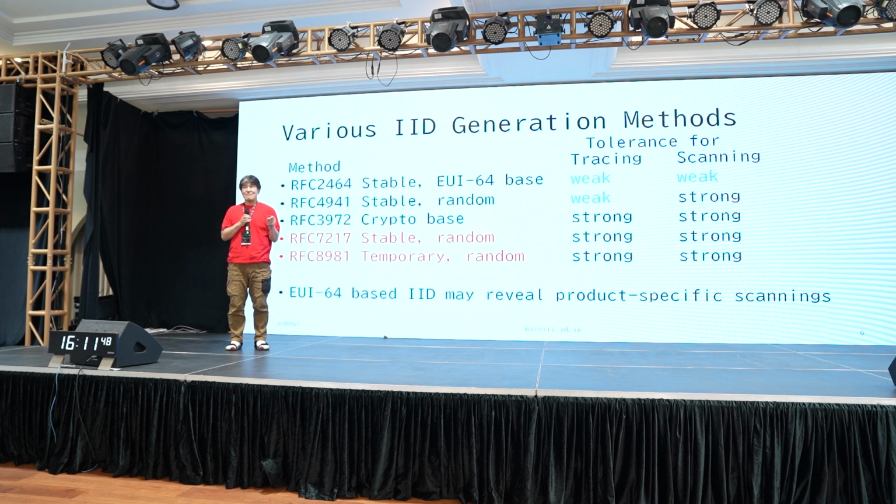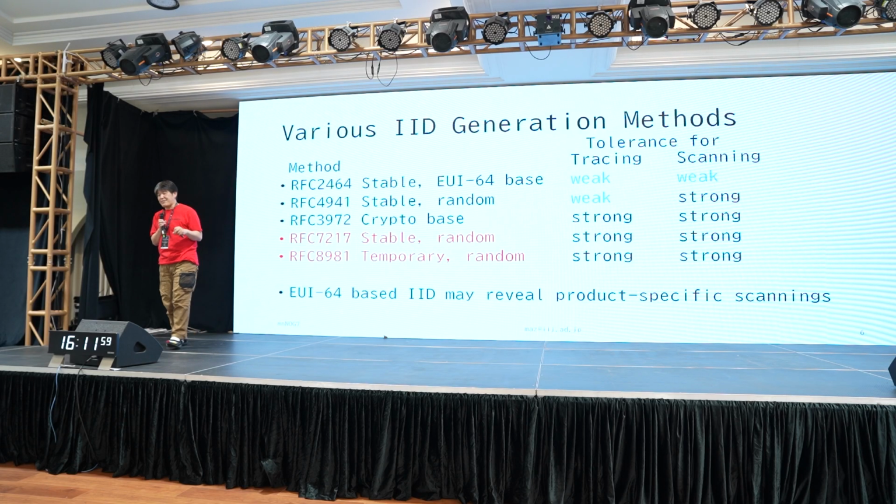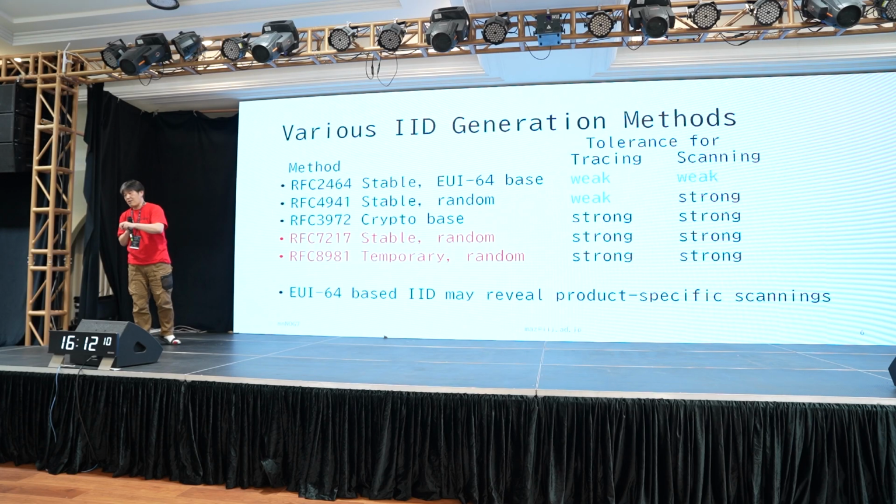Given the privacy concerns, people are now shifting to modern implementations. It's stable, but if you move to another prefix segment, then it will change the address. By using this kind of scheme, you can keep your privacy even though you are traveling from one location to another.